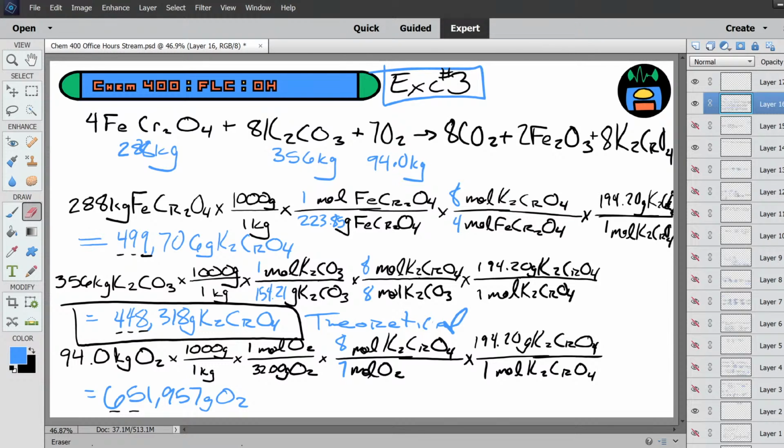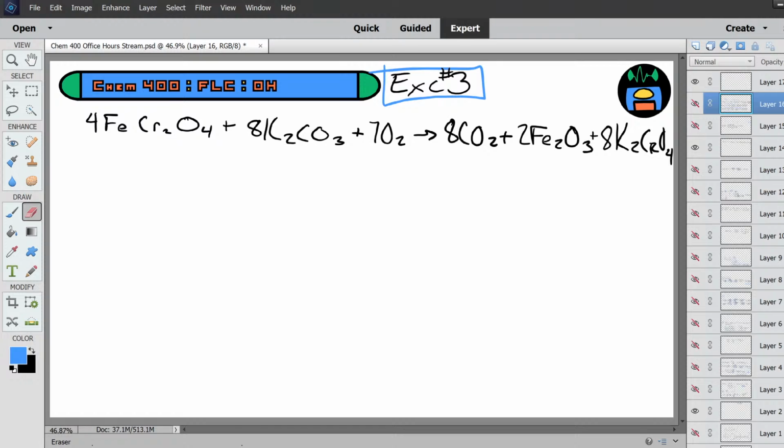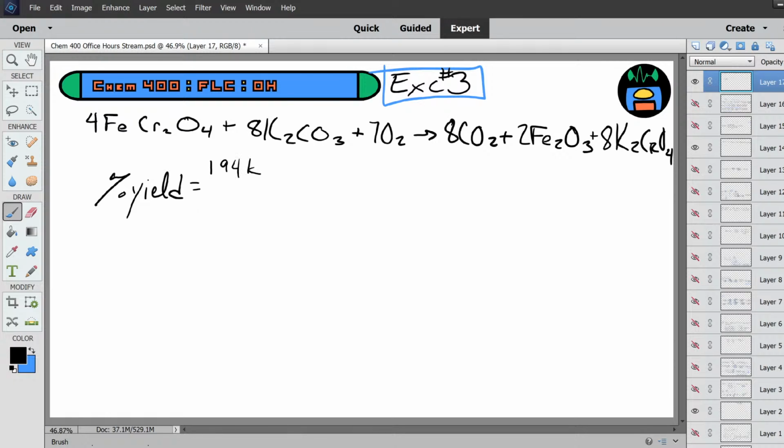So, bumping over to a new slide, percent yield is actual over theoretical. There we go. And we are given our actual, which is 194 kilograms.